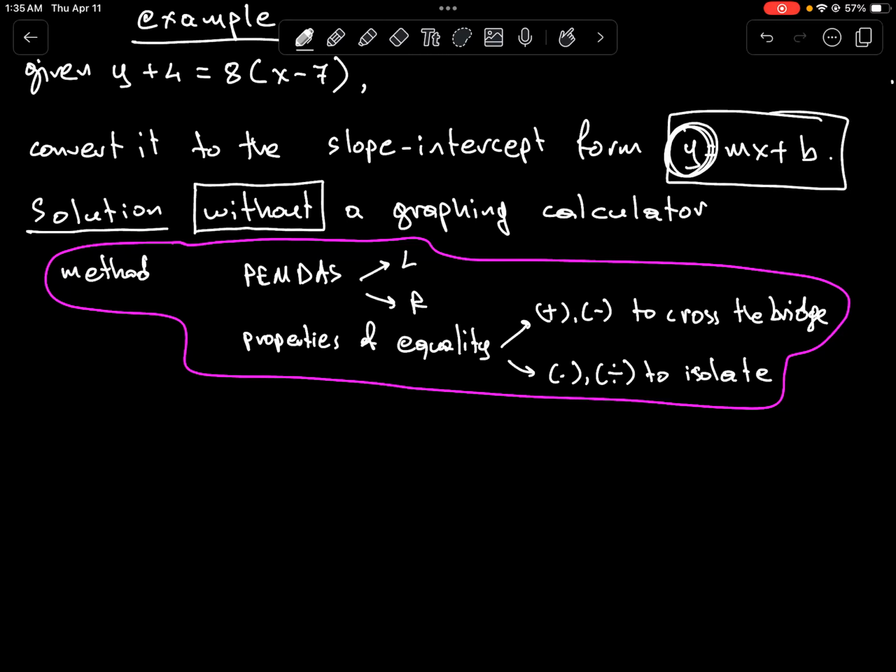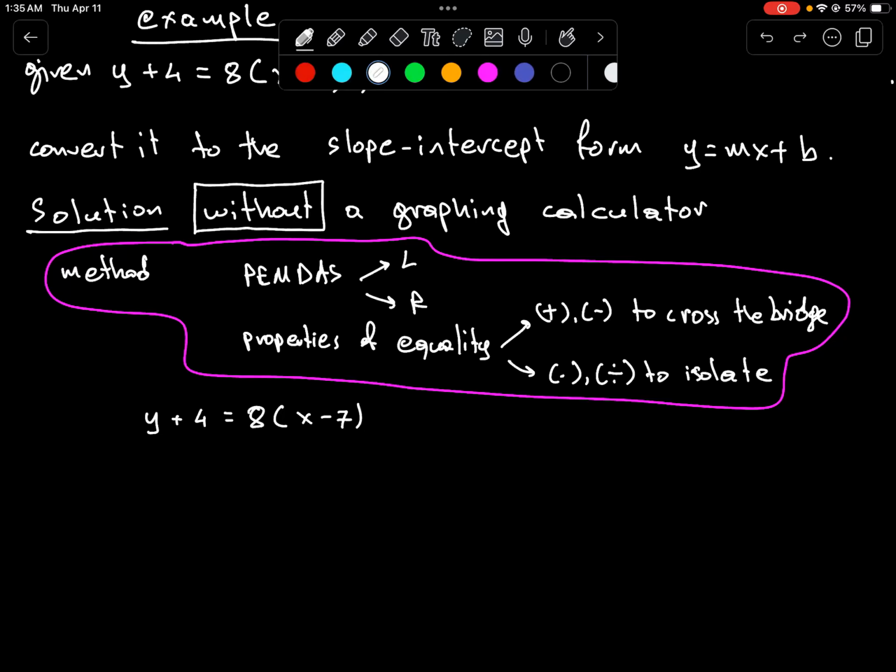Okay, let's start. y plus 4 equals 8 times (x minus 7). I try to do PEMDAS to the left, there is nothing to do. Try to do PEMDAS to the right, and there is something to do. There's no parentheses or exponents, but there is a multiplication.